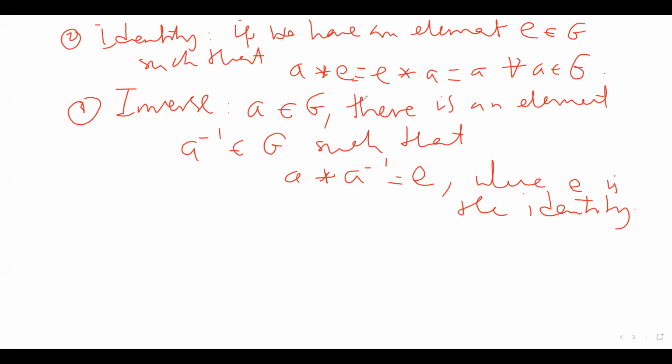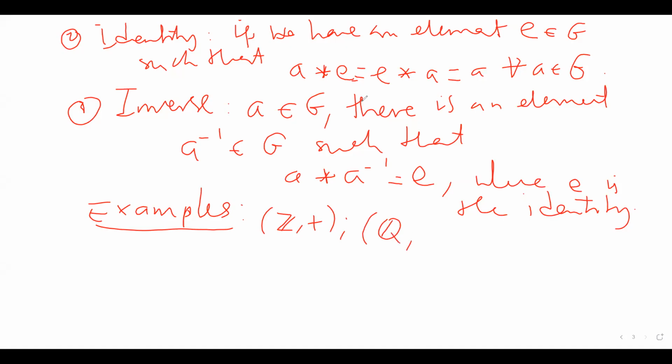There are several examples. We'll prove one of them: the integers with the binary operation plus. We also have the rational numbers with the operation plus, which is an example of a group.